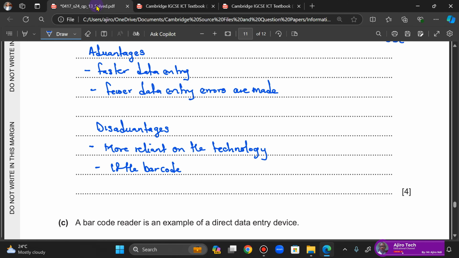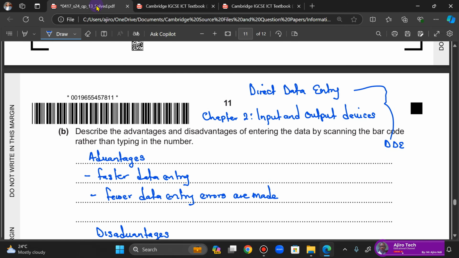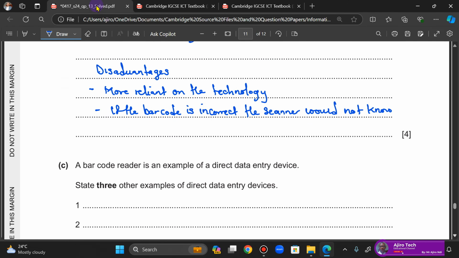Most times they may have to do it manually. So if the barcode is incorrect, the scanner would not know, whereas a human could see the difference. Do you understand? Okay.